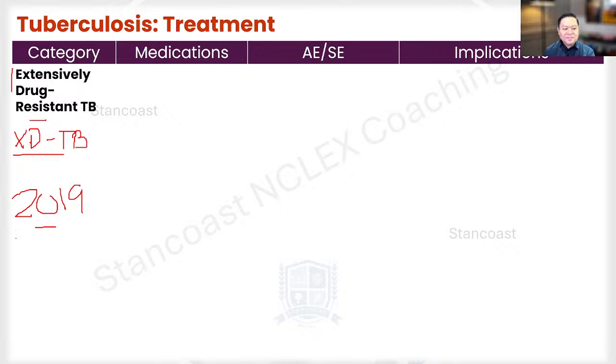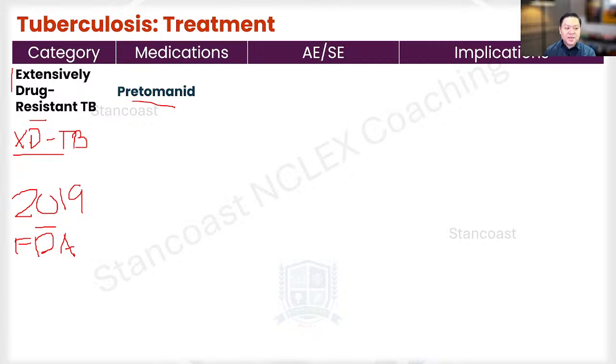Well, the FDA approved this medication called Pretomanid. So this is a new medication that was recently approved back in 2019, and this is going to be useful in the treatment of the XDTB. So this is going to be used for those patients that are resistant to the other medications, and for those people that are not able to tolerate the other regular medications.